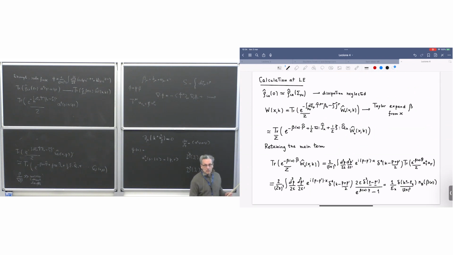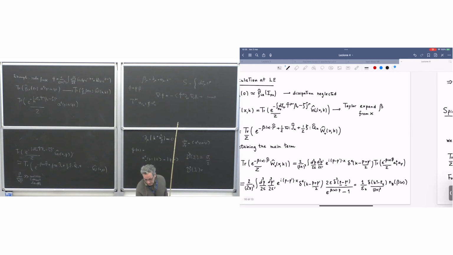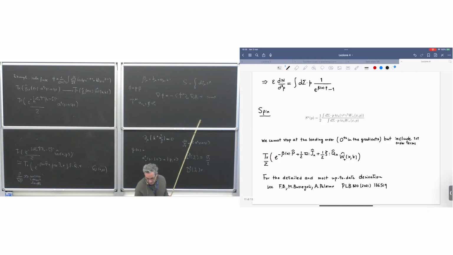Only if you go to first order, you will get some non-vanishing result. Then you may continue to second order and so on. But of course, this involves gradients of higher order, and it is believed that they contribute less. Okay? Now, you have to calculate this expectation value.